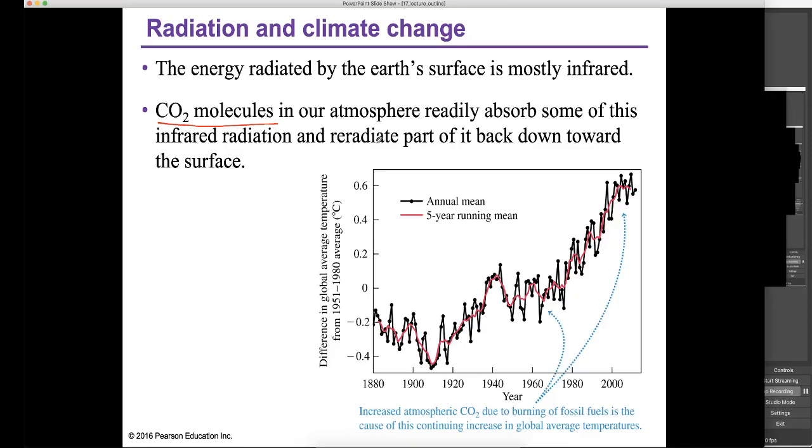That's why, if we look at this figure, as time goes on, the temperature is increasing over the years on Earth. That's because of the radiation from CO2.